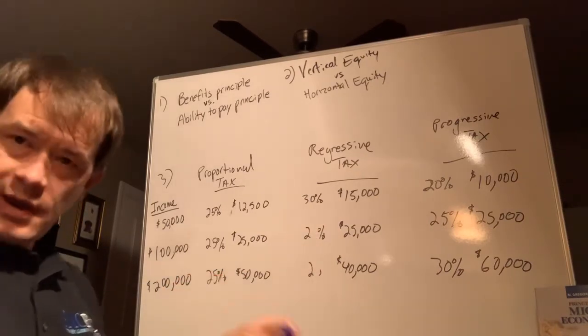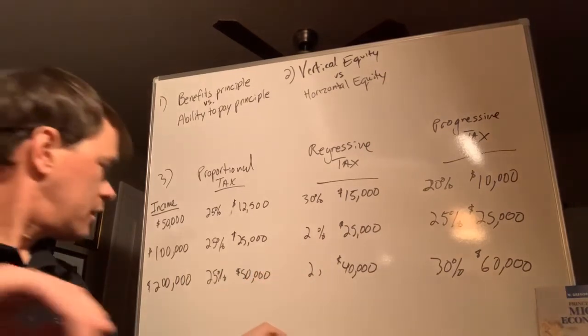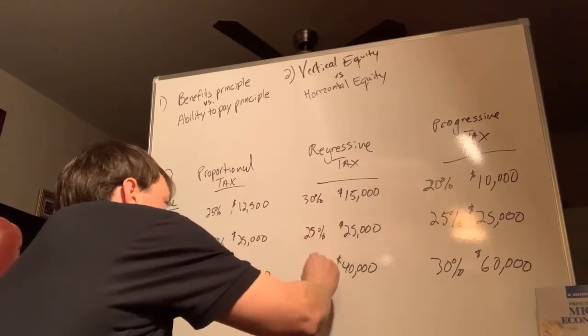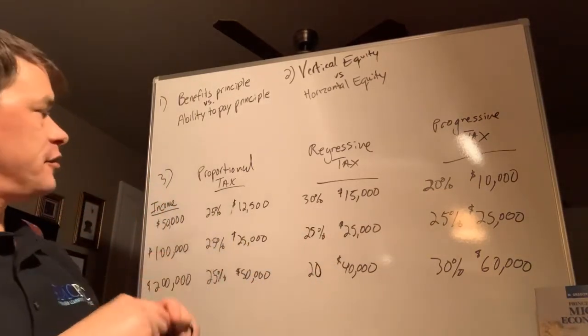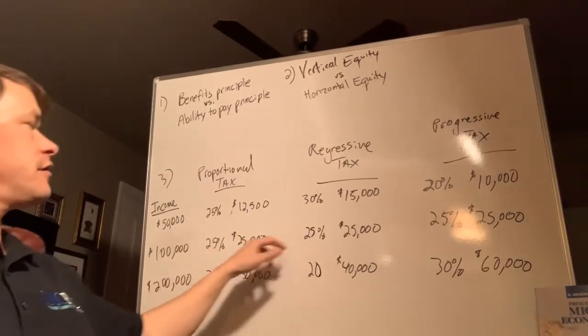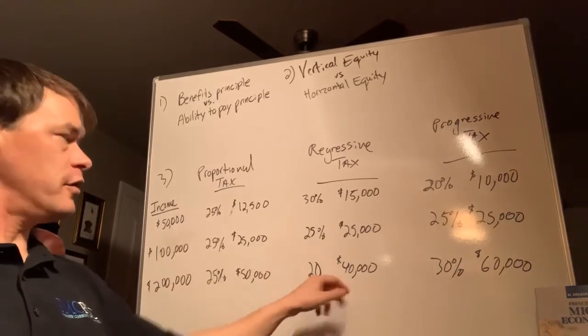I'm sorry, I got that wrong in the book. Let me look at my own writing. Yeah, that's right. I had it written backwards there for a second, but now I've got it fixed. Okay. 30% to 25% to 20%: $100,000, 25% is 25,000; 200,000, 20%, 40,000.